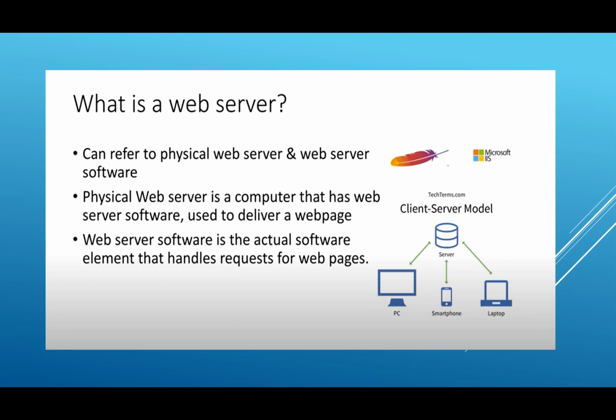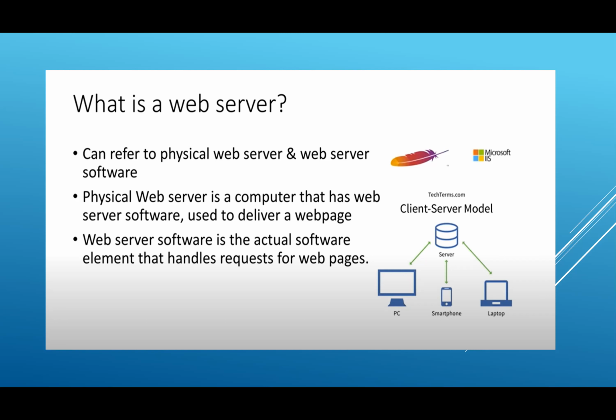Those are your client, and when you request data from the server, that's the server side. So client and server, you will have to know that in this video, and I will be discussing this in more detail in a little bit, but that's how the client server model works.